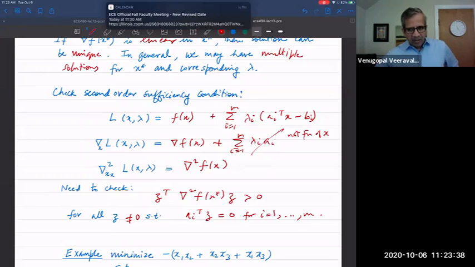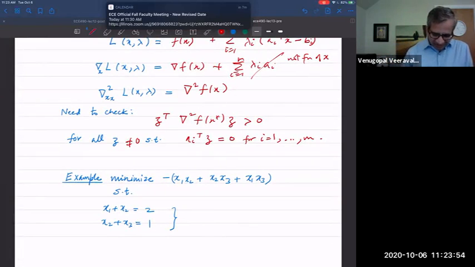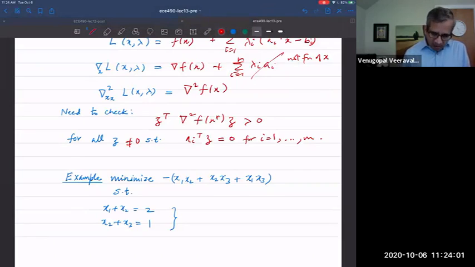All right, so let's do an example to illustrate some of these ideas. In this example, we're trying to minimize this function given here. This is my f of x, such that we have these linear constraints.